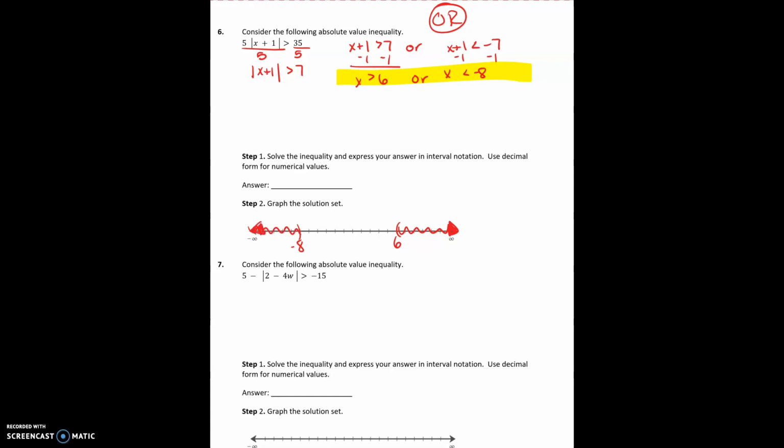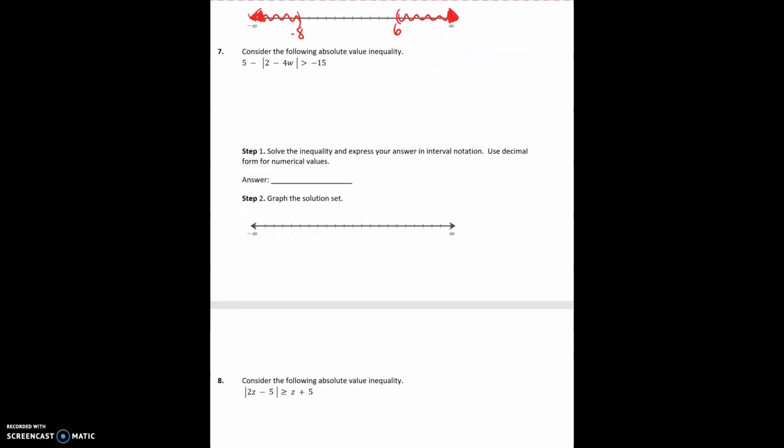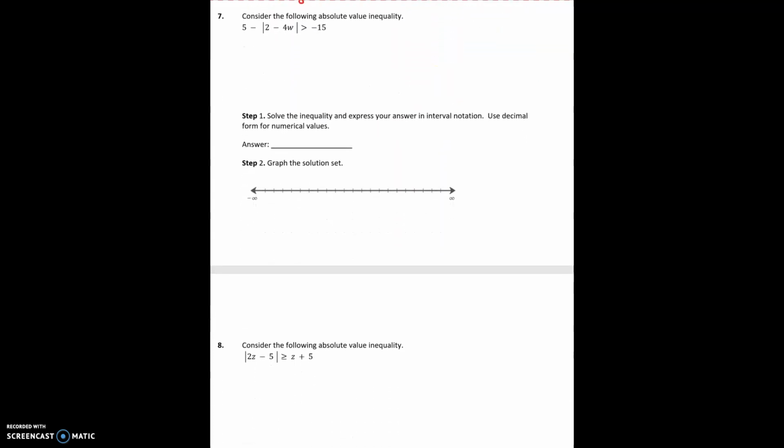All right, so in interval notation, that'll look like negative infinity to negative 8 union 6 to infinity. Okay, so again, if it's a greater-than, that's an OR problem. We flip the sign and make that negative for our second equation. All right, number 7.